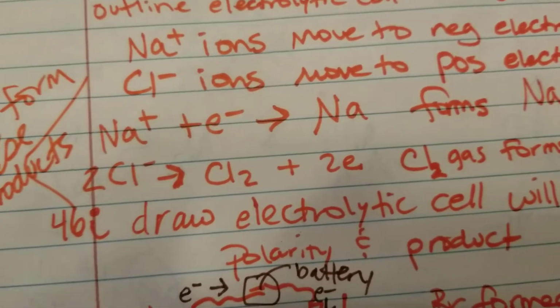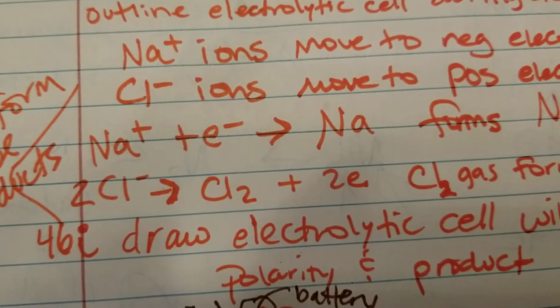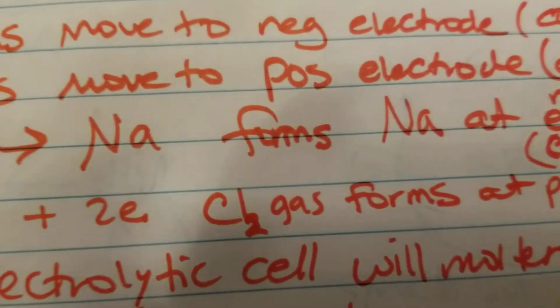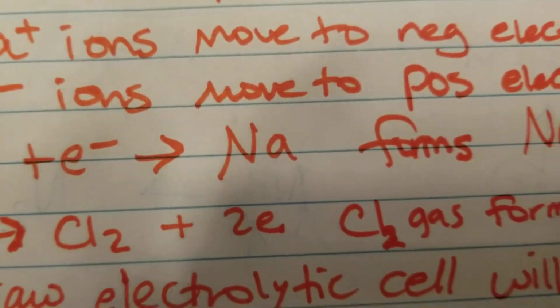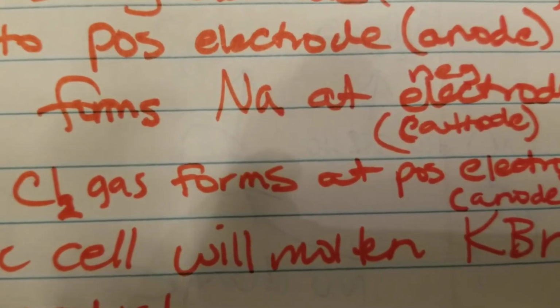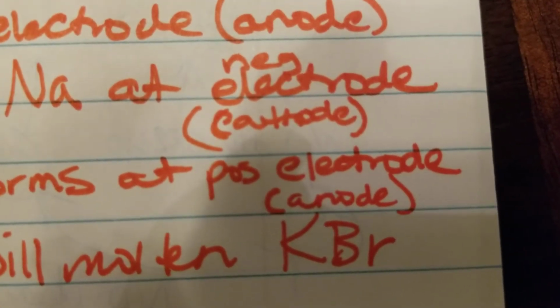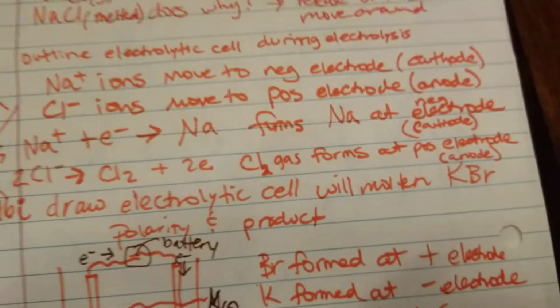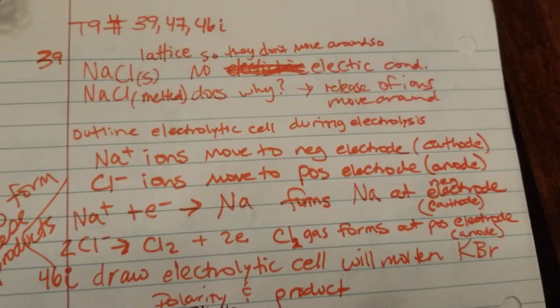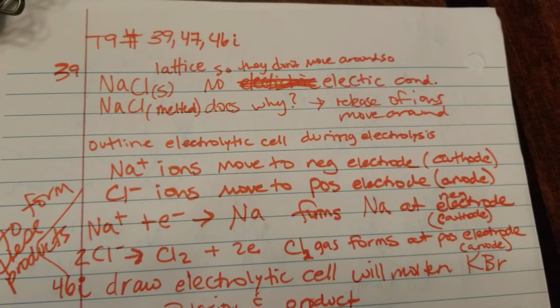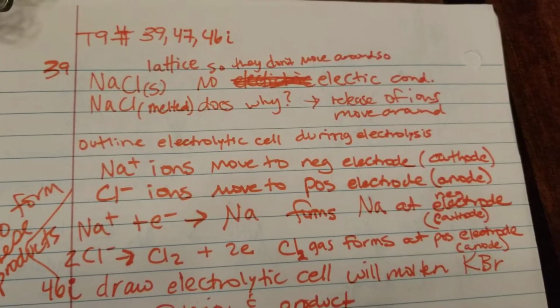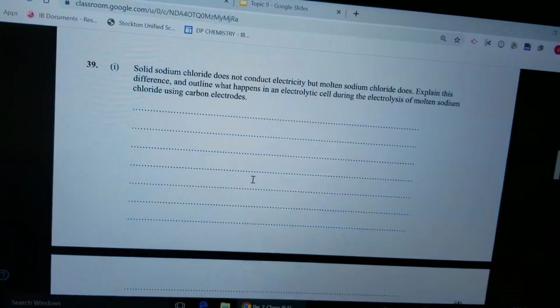And the chloride ions, they actually will lose electrons, the 2 electrons, to form Cl2 gas. And that's going to form at the positive electrode called the anode. Okay, so that's how you explain that. So that's number 39. Next, you asked about 46I. Let's look at 46I.